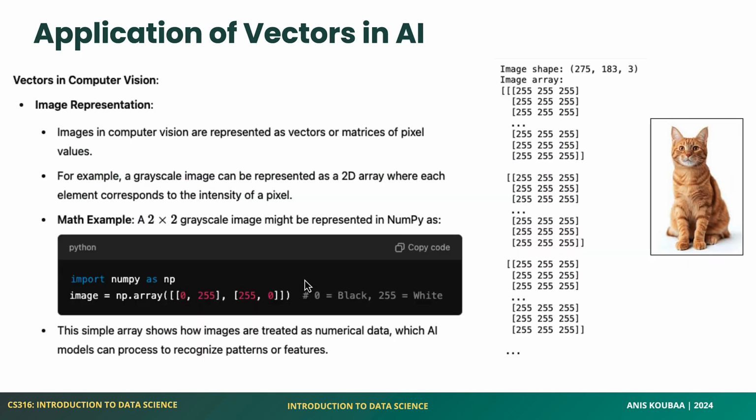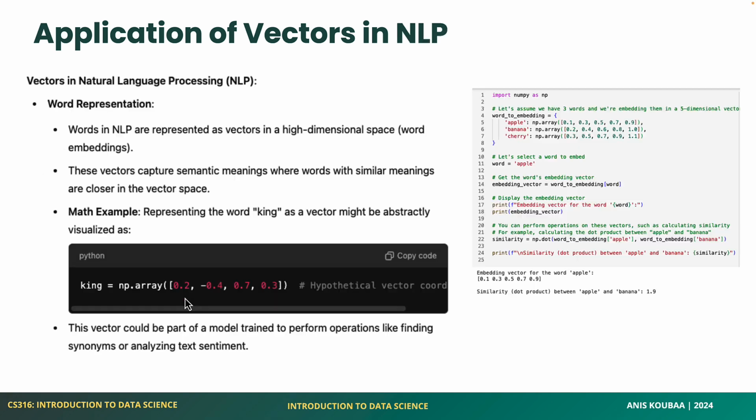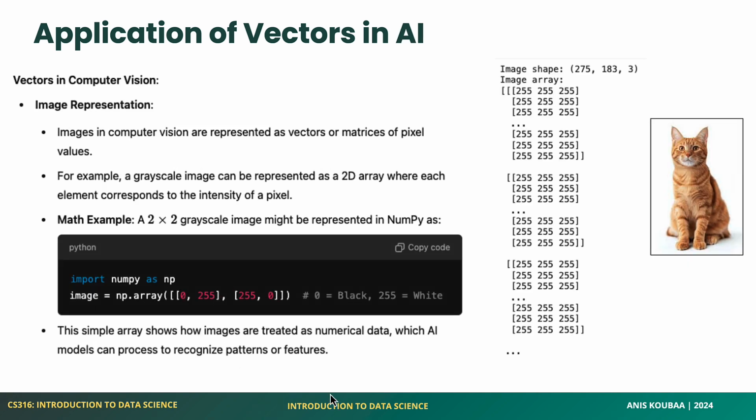Now, applications of vectors or NumPy arrays in AI. In the context of computer vision, for example, this is a picture of a cat, and when we load the picture, we can load the picture of a cat into a NumPy array. I don't have the code here, but what is 255? It represents white, the white color.